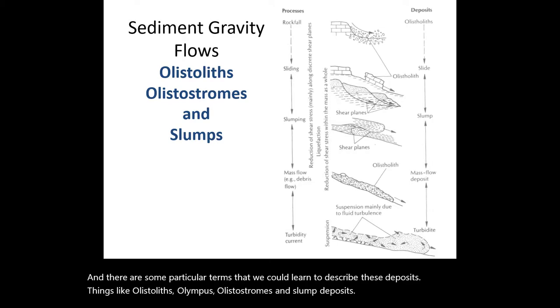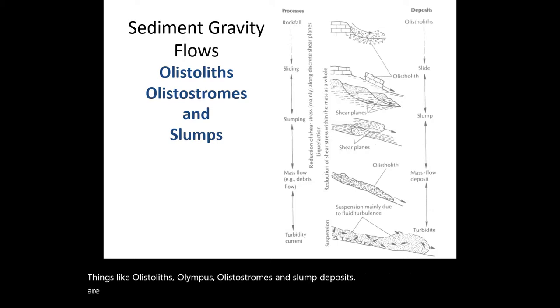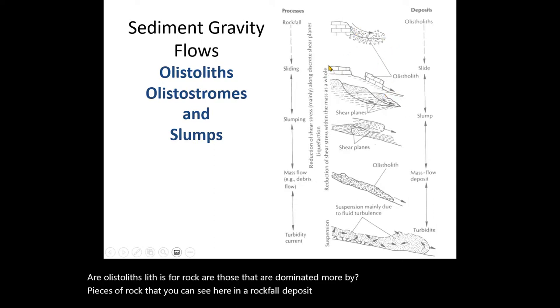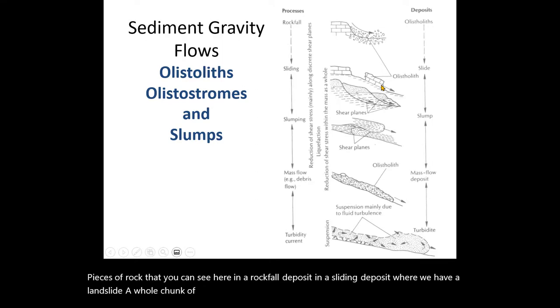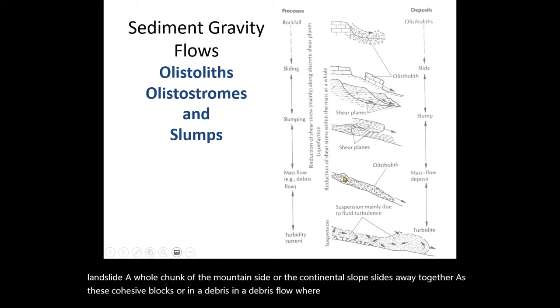Olistoliths, lith is for rock, are those that are dominated more by pieces of rock that you can see here in a rockfall deposit, in a sliding deposit where we have a landslide, a whole chunk of the mountainside or of the continental slope slides away together as these cohesive blocks, or in a debris flow where we have particular blocks of sediment.